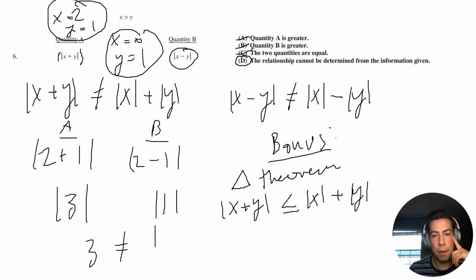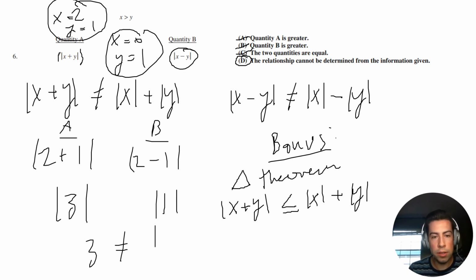Let me explain why. There can never be any negative numbers here, right? If x is negative or if y is negative, the absolute value of the sum is always going to be less than or equal to the absolute values of them added together, okay? Let me give you a quick example.